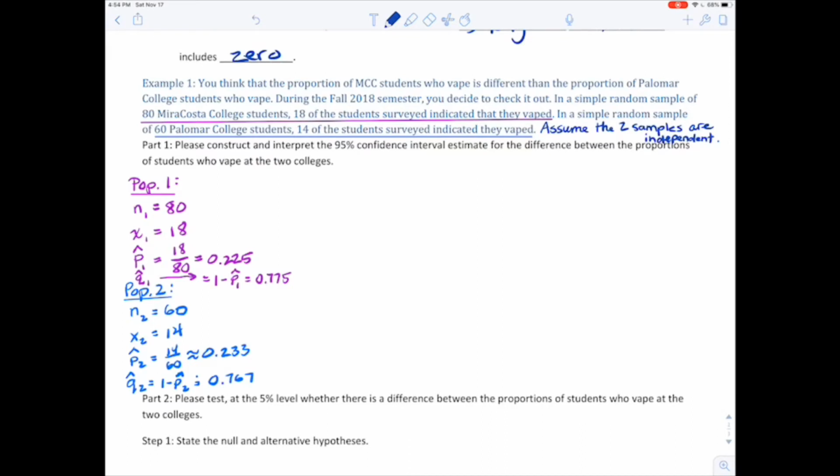All right, so what else did we need to find? We needed to find some computations: the standard error for the difference between the two proportions, and the difference between the two proportions.